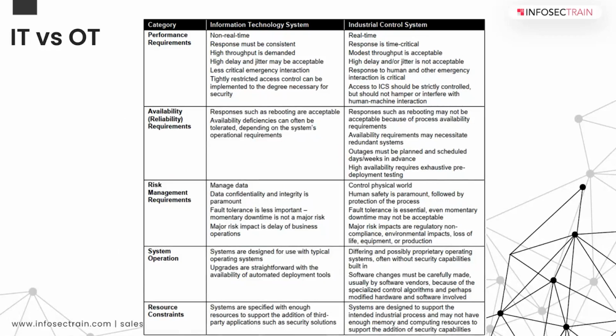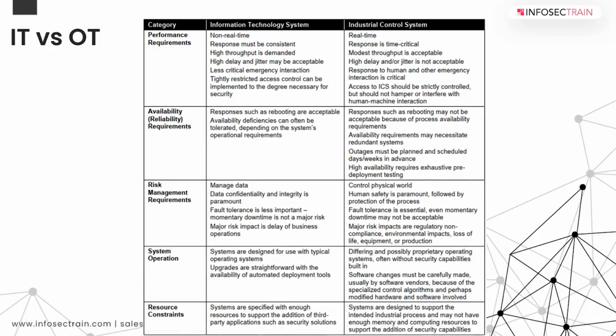If you look at this table, at a basic level, you can see the various differences, right? And these are categorized into different categories like performance requirements, availability, reliability, risk management, system operation, resource constraints.